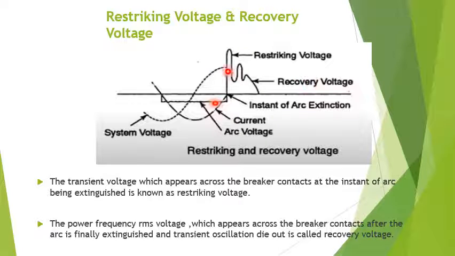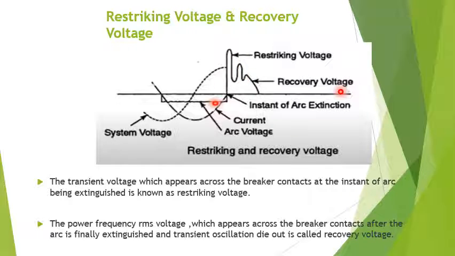So the restriking voltage is the maximum voltage that appears across the contacts of the circuit breaker at the instant of arc quenching, whereas the recovery voltage is the voltage that appears across the circuit breaker contacts after the arc is fully quenched and the transient voltage dies out.